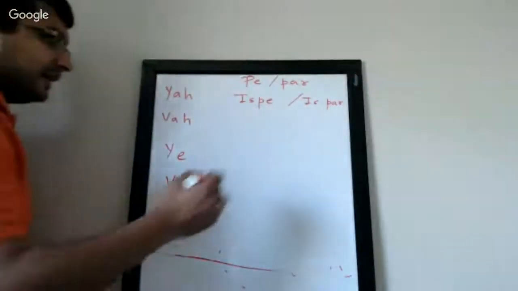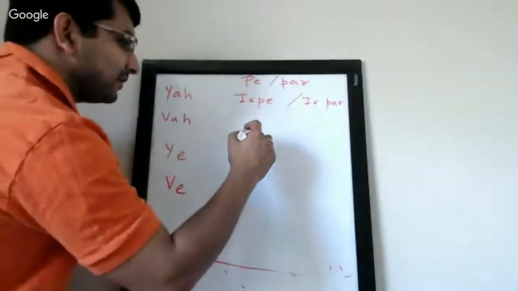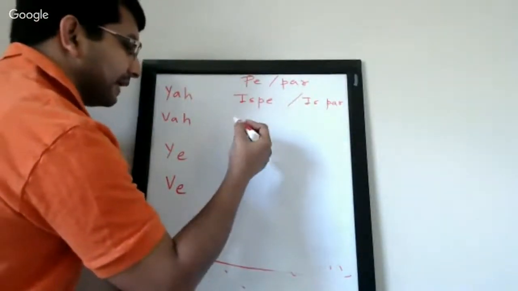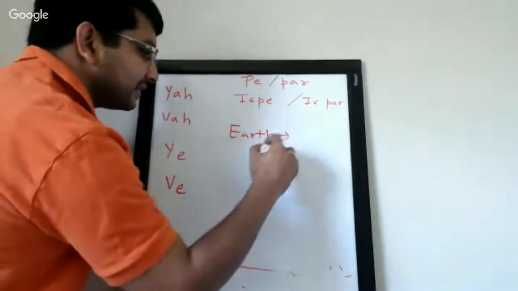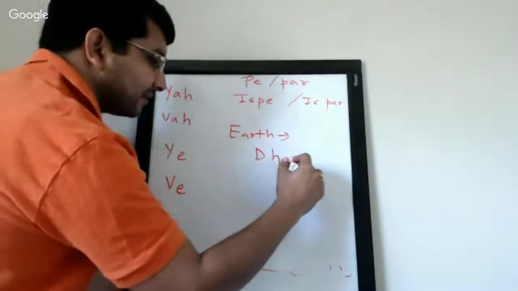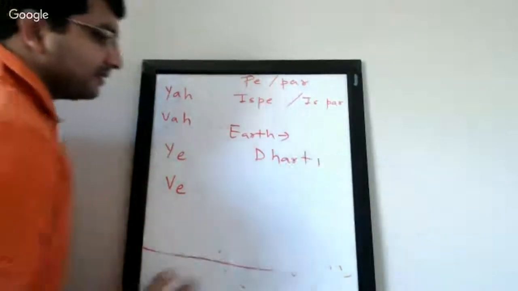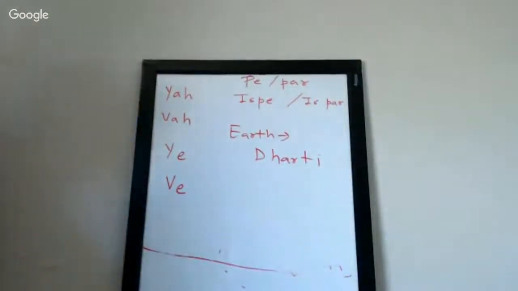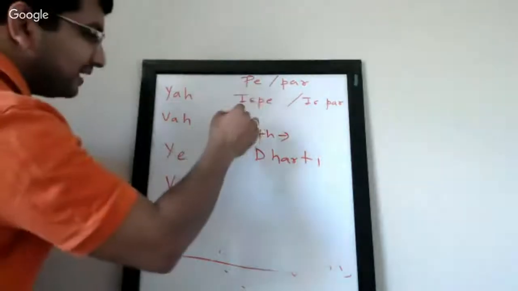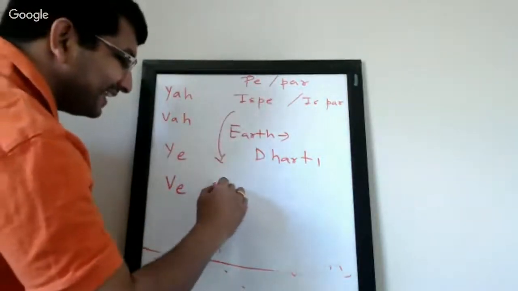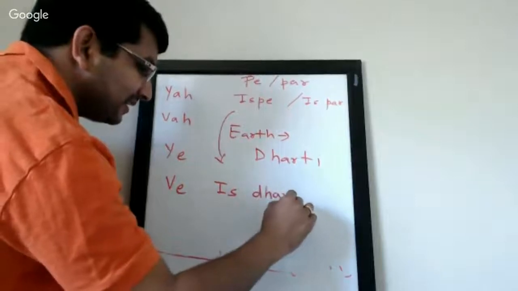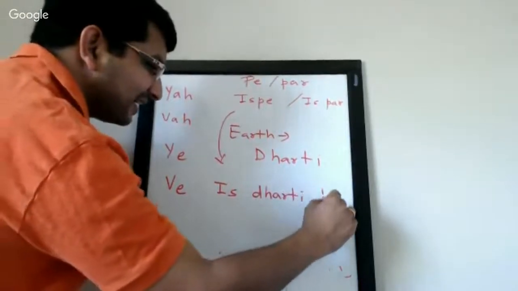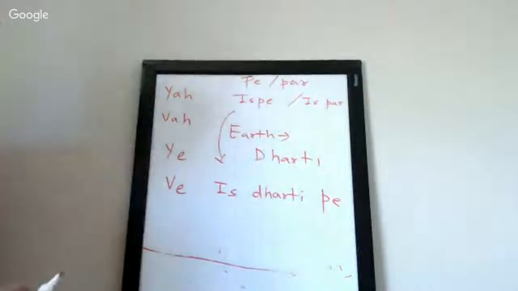Again, I'll take a slight digression. Earth is also known in Hindi as dharti. Dharti, right? There are many songs in Hindi where you say is dharti pe, on this planet or on this earth.